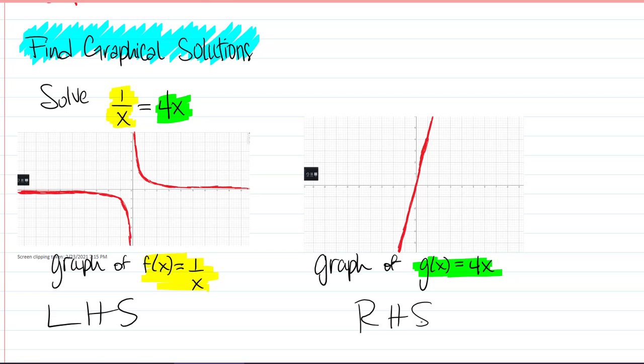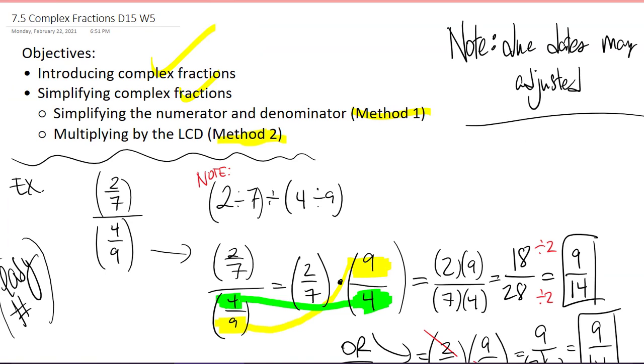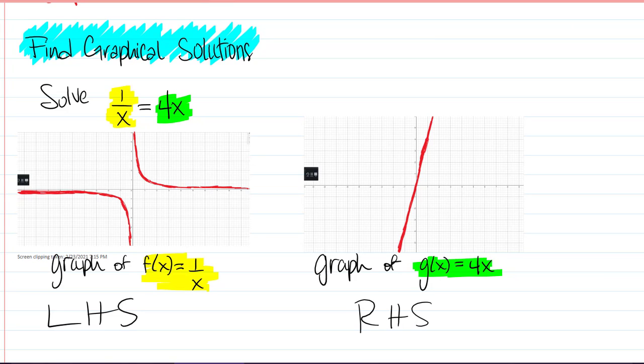So when we're talking about this graphically, we want to find where these two functions are equal, where they overlap. So where does the yellow function intersect with the green function? Where are they equal?